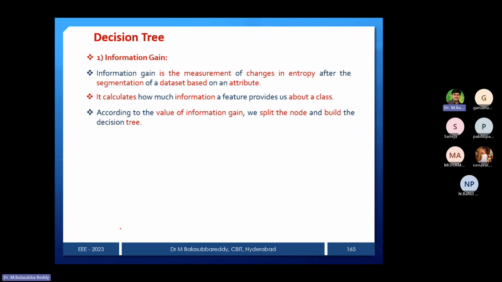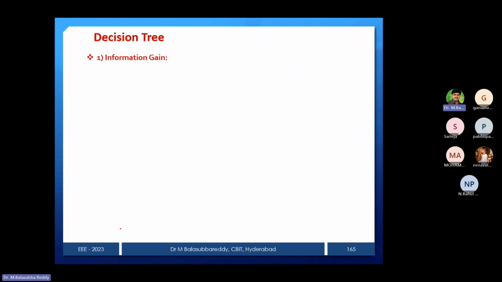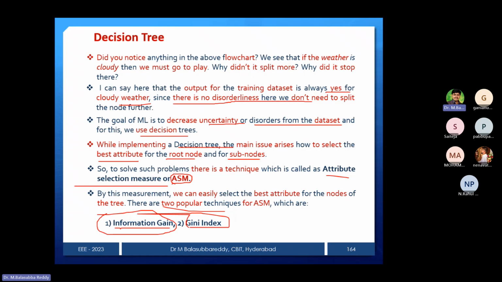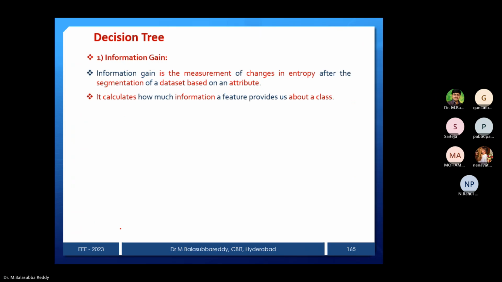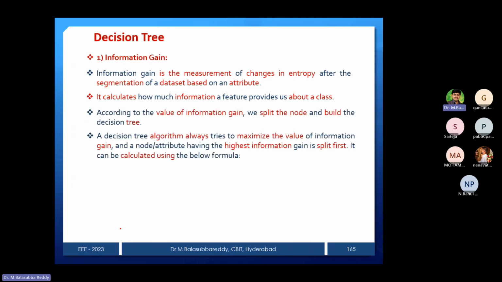So how to split the node? Based on the root node and the two categories we have, information gain and the Gini index. The decision tree algorithm always tries to maximize the value of information gain.